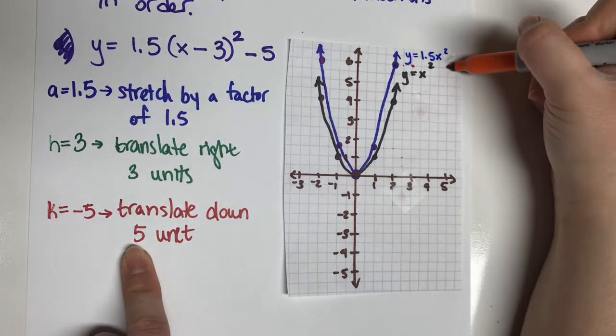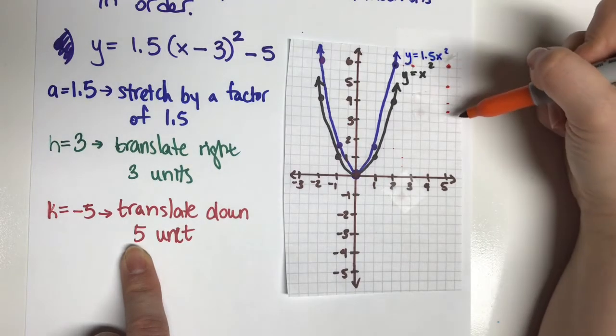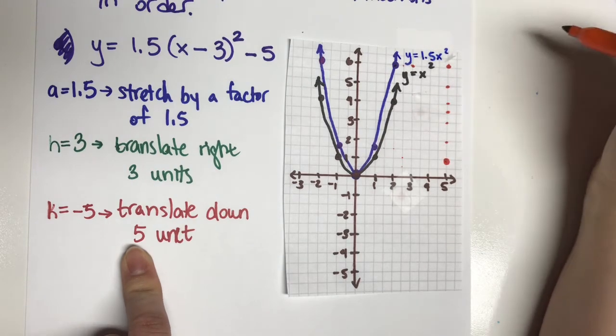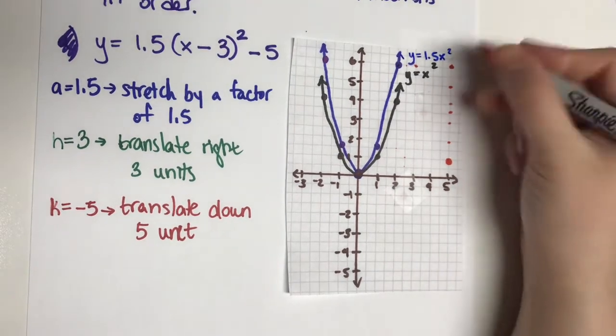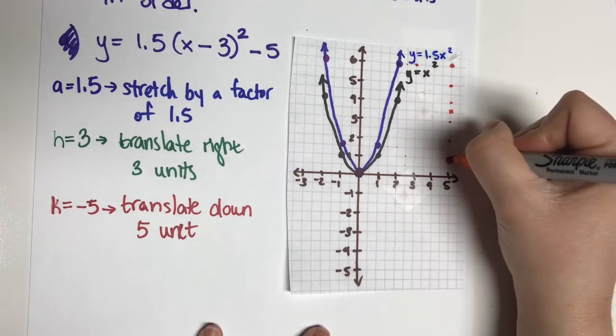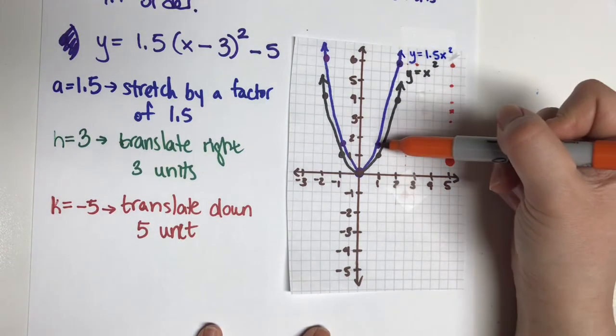And then 5 down, 1, 2, 3, 4, 5. So it goes here. Okay, so be careful about that. So this is where my new point is. Then I'm going to do the same thing for this one.